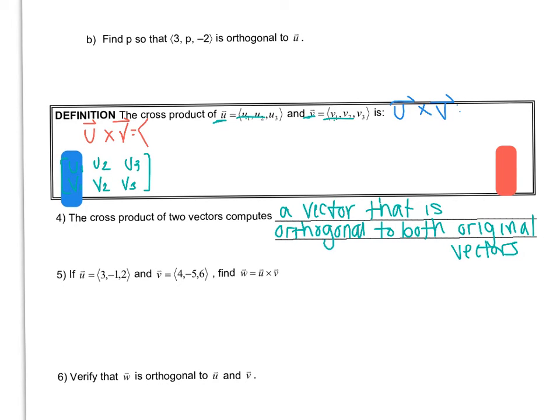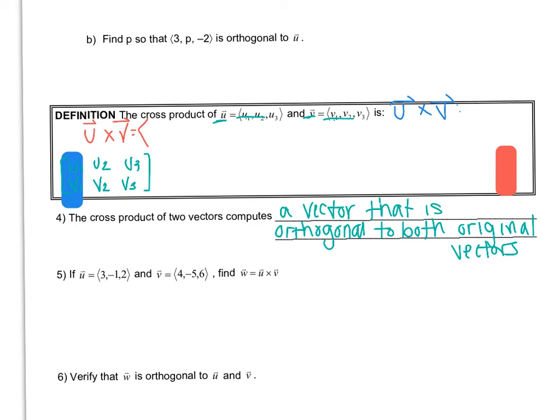To find the first entry, the first component of the cross product, you cover up the first column like this. Once you cover up the first column and you're just seeing these last two columns, you compute one of the cross products. So you do U2 times V3. We multiply those diagonals together.